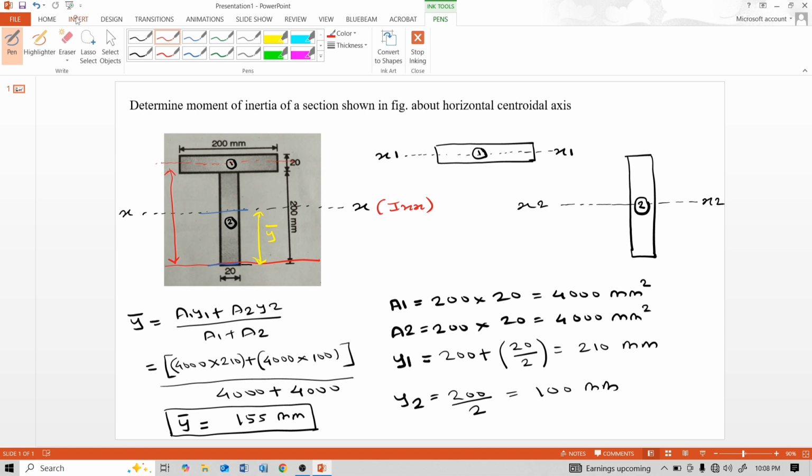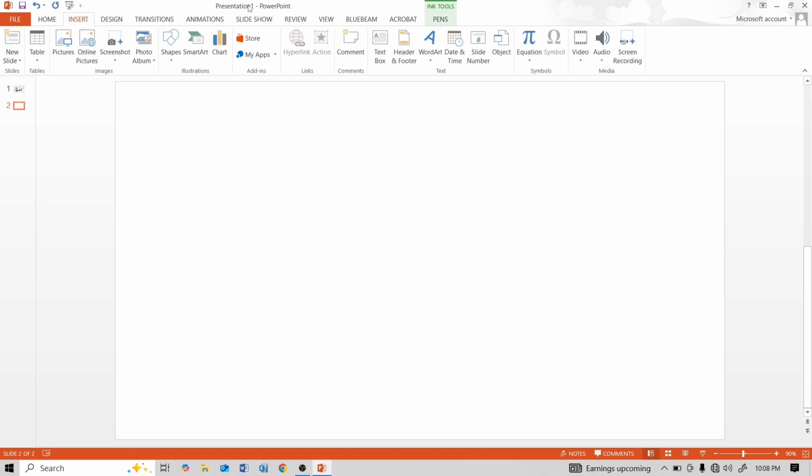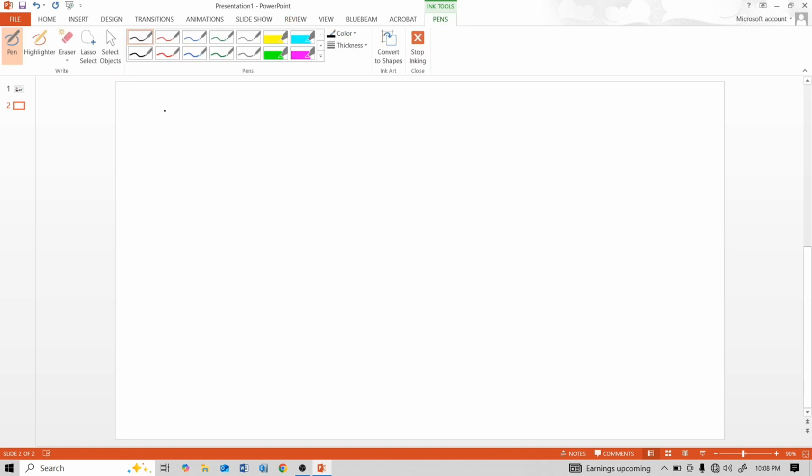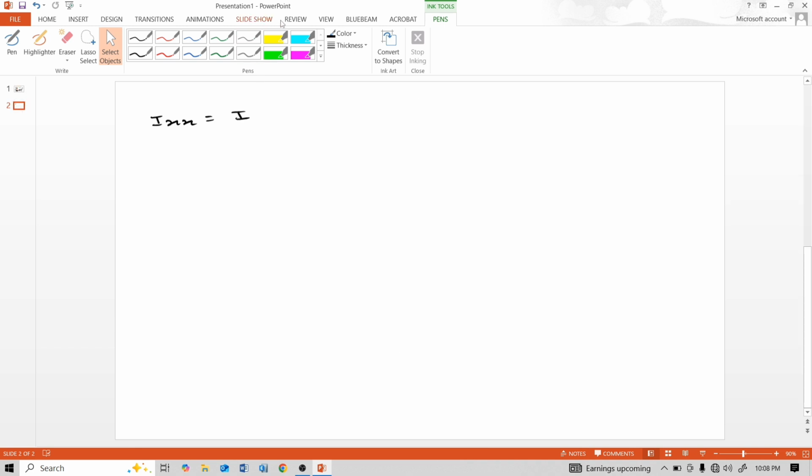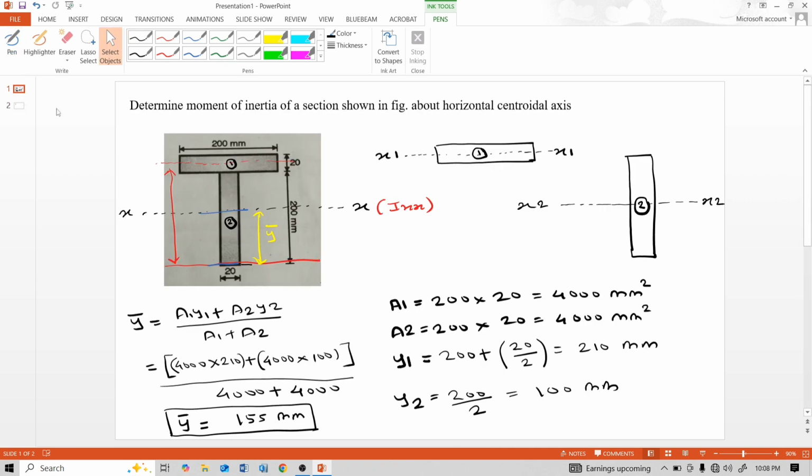So for calculation of this, Ix is equal to Ix1, the first rectangle, plus Ix2. The moment of inertia for the first rectangle, which is a rectangular part, Ix1, is bd cube by 12.